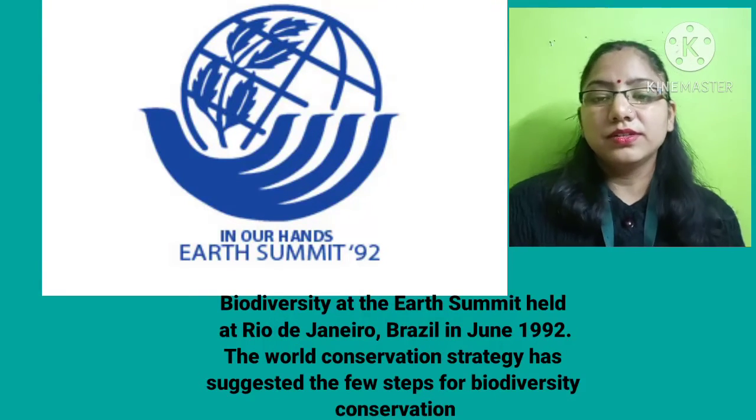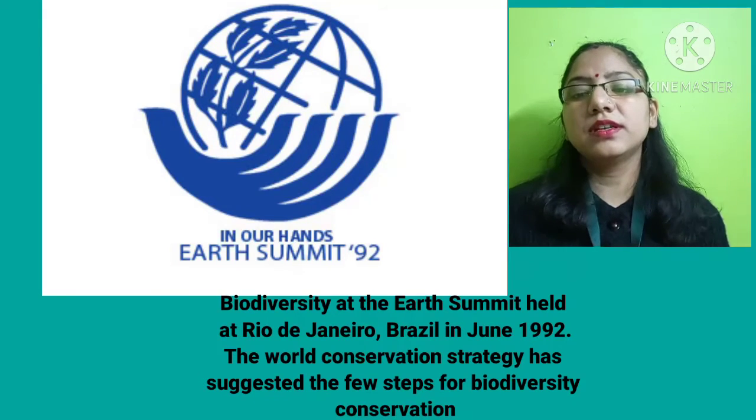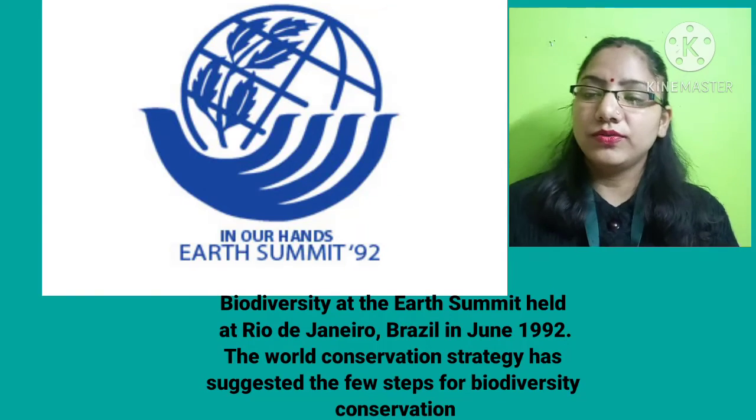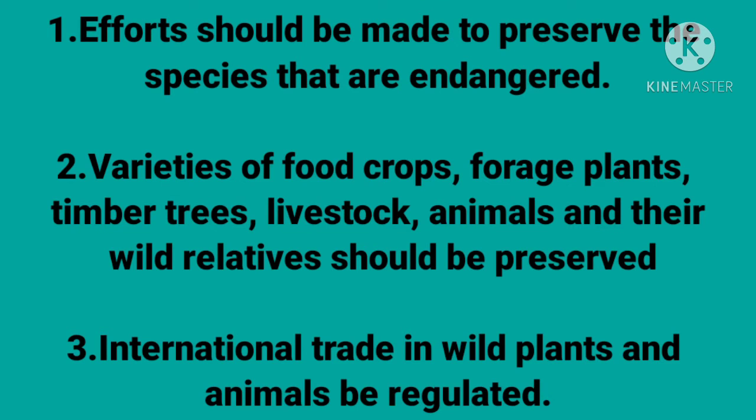The World Conservation Strategy has suggested a few steps for the conservation of biodiversity. Number 1. Effort should be made to preserve species that are endangered. Number 2. Prevention of extinction requires proper planning and management. Number 3. Variety of food crops, forage plants and timber trees should be preserved.